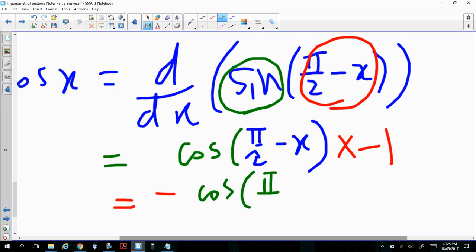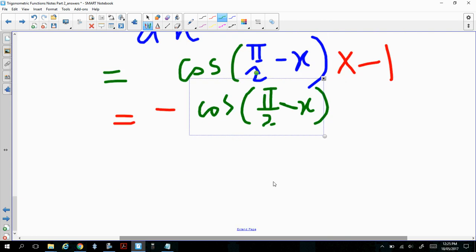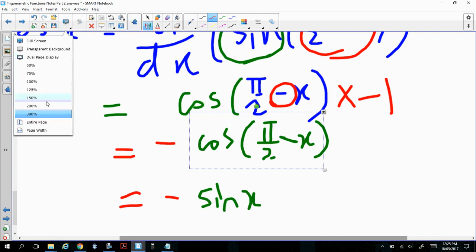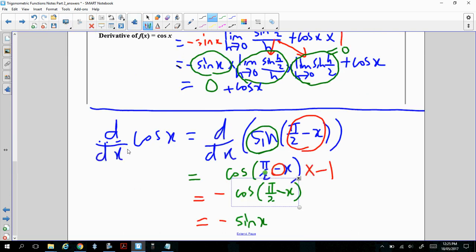So it becomes negative sine x. That's where we get the negative from. So the derivative of cos is negative sine. We use the formula cos x is sine of the complement. Then because we know a formula for differentiating sine, we get this, which becomes negative sine.